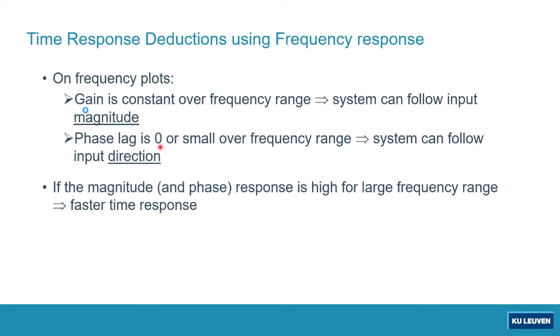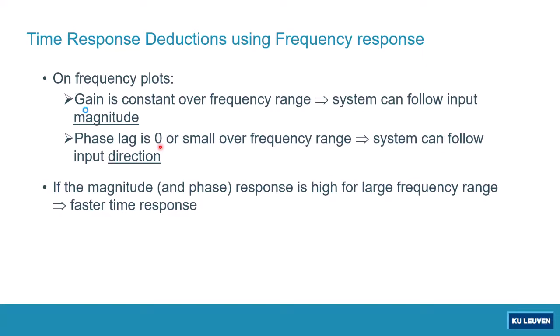If the phase plot is equal to 0, or let's say it's very small, over a certain frequency range, that means the system can follow the input direction, or in other words, the response of this system will have the same phase as the input that is given to the system. Okay, if the magnitude and phase response is high for a large frequency range, then we will have faster time response.